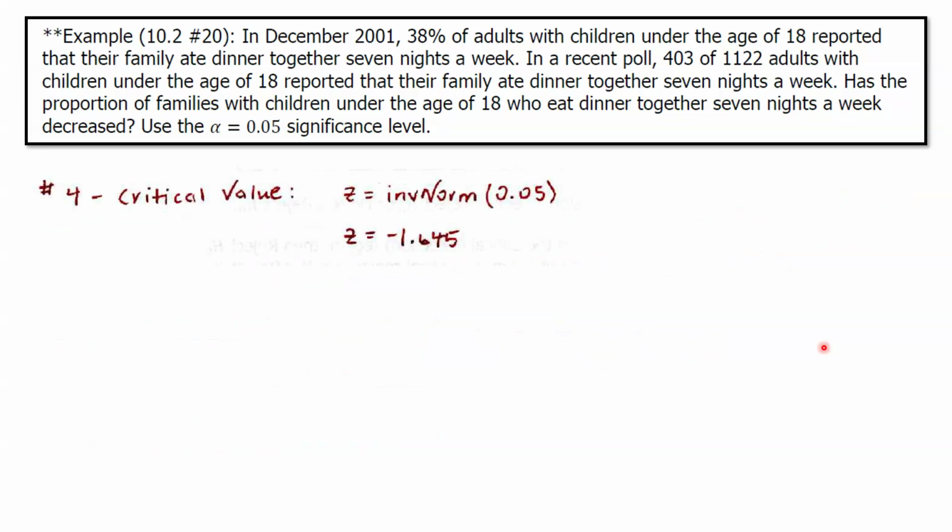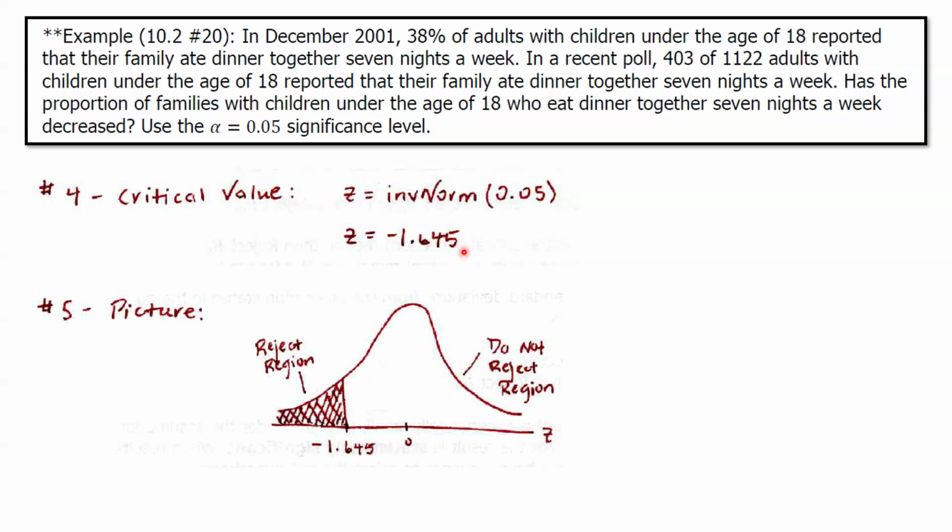So in step 4, we will find our critical value. Our critical value is going to be found using inverse norm. Our area to the left is going to be 0.05 because that is alpha. And that gives us a z-score of negative 1.645. So in drawing our picture, we will have the normal curve with the rejection region shaded on the left side.